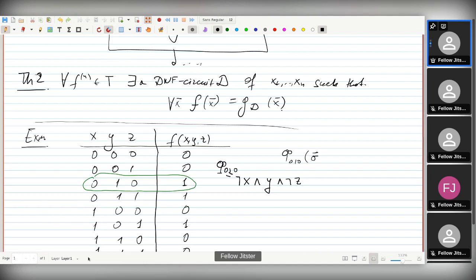It is easy to see that it takes 1 if and only if not x takes 1, that is x takes 0, y takes 1, and z takes 0. So if and only if sigma is just 0, 1, 0.